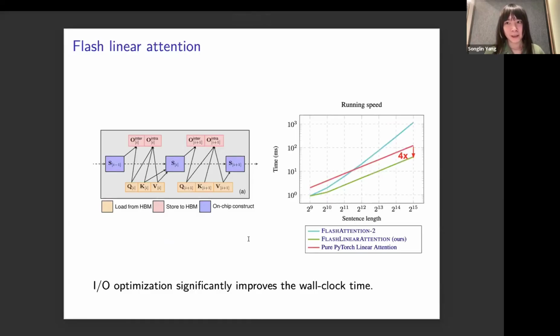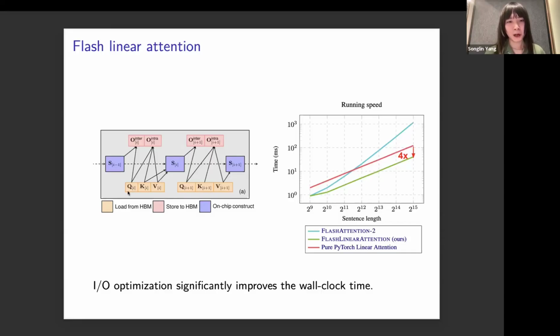The trunkwise form is a hardware-friendly algorithm to train linear attention, but we need some additional optimization on GPUs to achieve actual wall-clock time speedup. In flash linear attention, we further optimize the I/O cost. For example, the recurrent hidden state, which is colored in blue, we keep on the shared memory throughout the recurrence.